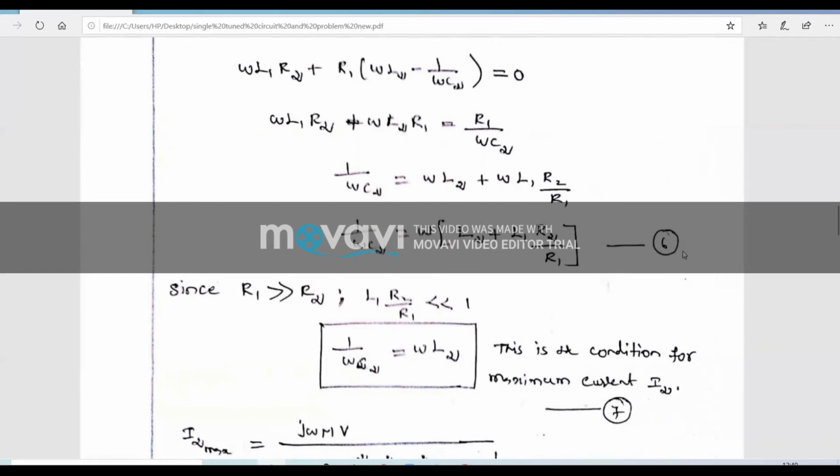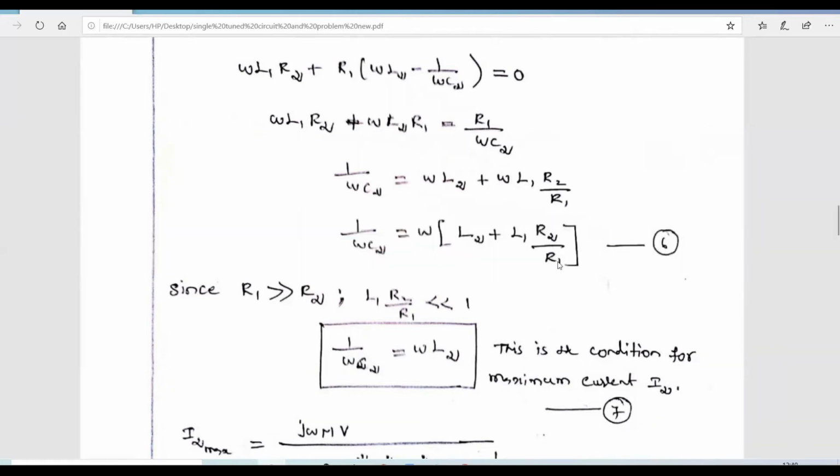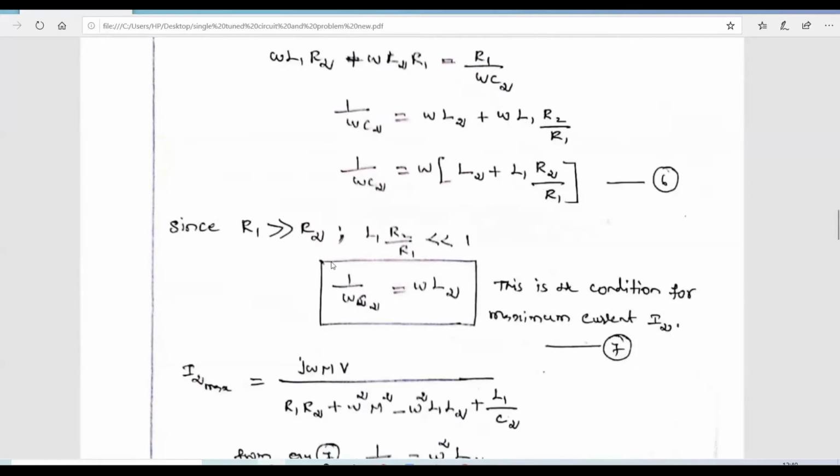Equation number 6 can then be simplified as 1 by C2 equal to omega L2, since R2 is very small compared to R1 and this part is eliminated. So this is the condition for maximum current.